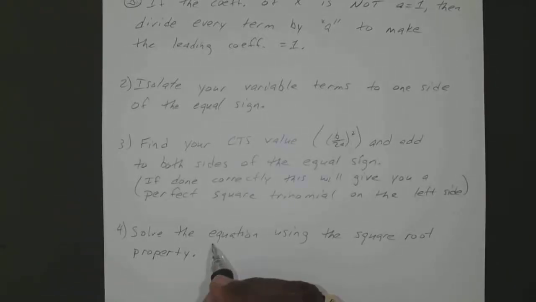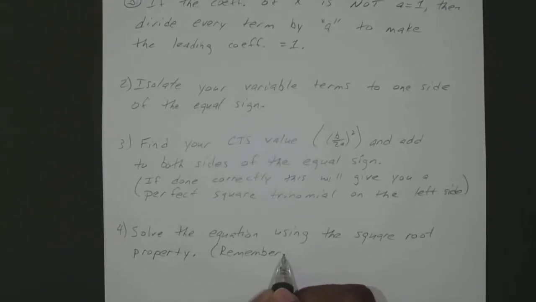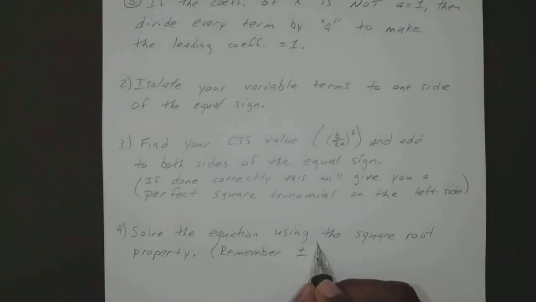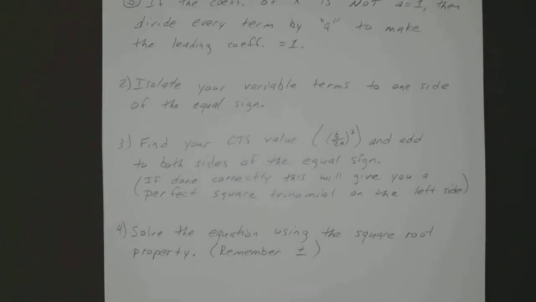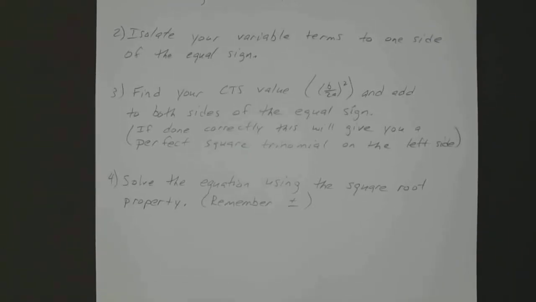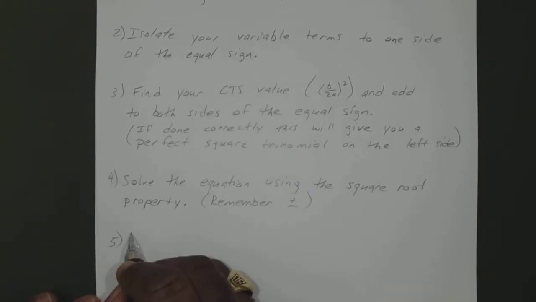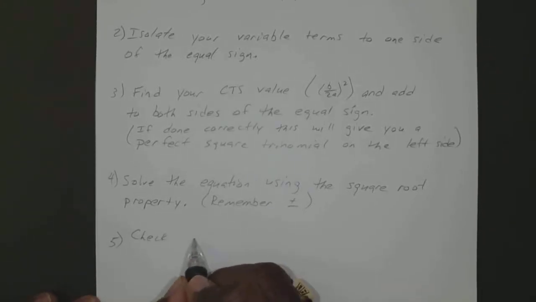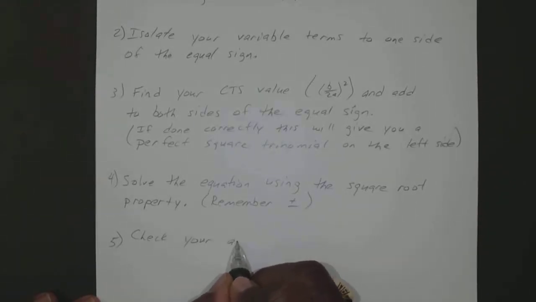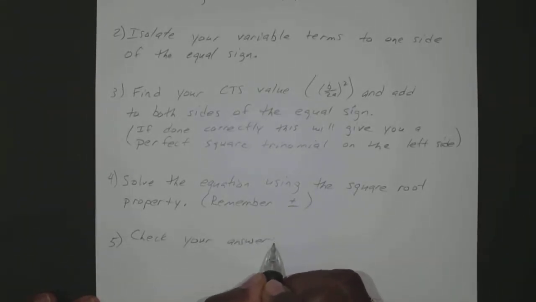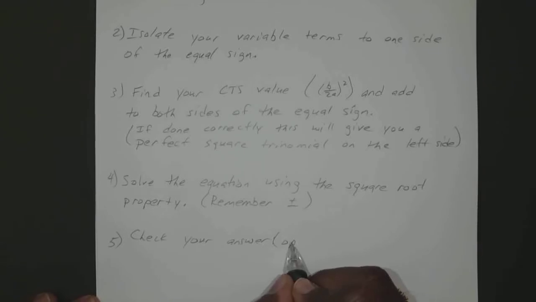Now remember your plus or minus on that step. It's really, really easy to forget. And then for step 5, you can check your answer if you want to. And that's optional.